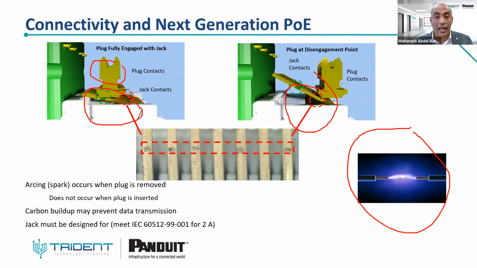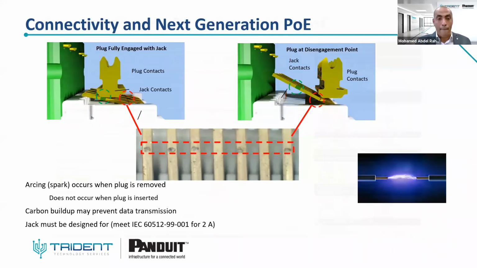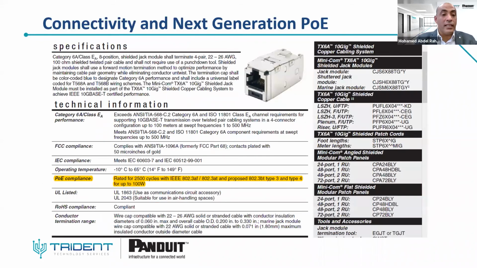All bandwidth plugs and jacks are designed to pass this test, which ensures that when arcing happens, it will not damage the critical plug and jack meeting point. It will not affect it when you disconnect the plug from the jack. Also, it is mentioned in the data sheet that it can support up to 2500 mating cycles. Mating cycle means the number of connections and disconnections for the patch cord and the jack system.